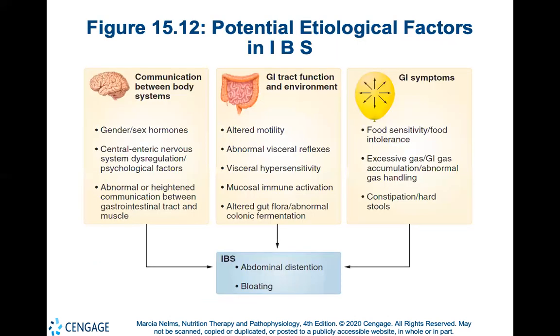Figure 15.12 is potential pathophysiological factors in IBS. Please review because it talks about the communication between the body and systems, the GI tract function in an environment, and GI symptoms, all leading to IBS, abdominal distension, and bloating.